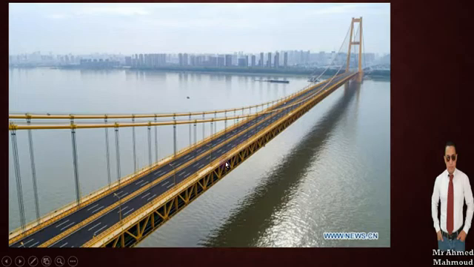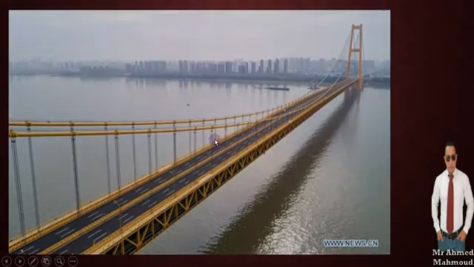This bridge is horizontal, or parallel to the ground level. In that case, the slope here is 0. Why? Because here we have a very wide river, so the design of the bridge allows it to be parallel to the ground level, so the slope here is about 0.